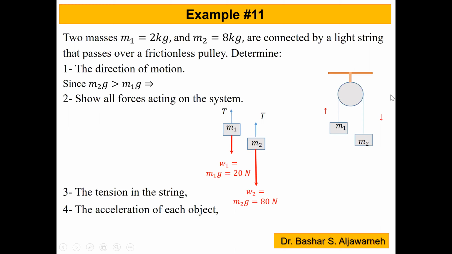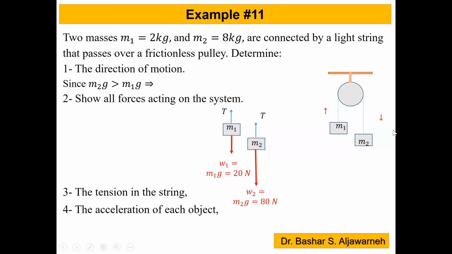Okay, to determine the direction of the motion, you have to pay attention to the forces acting on the system. As you can see, there is tension here and tension here, as I mentioned in this diagram, and we have W2 and W1. But the tensions have the same magnitude and opposite direction, so they cancel each other out.